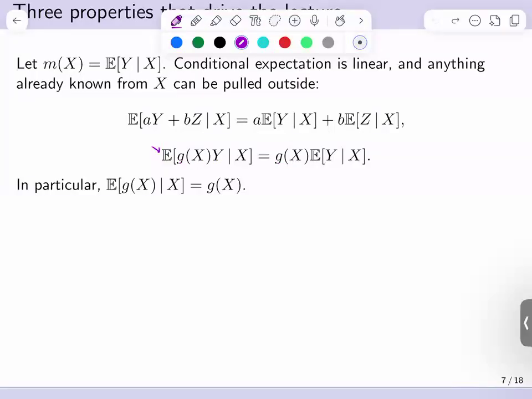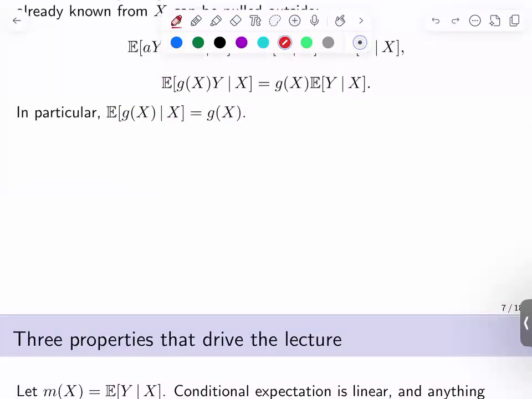Okay. Roughly speaking, a very short proof of this: think of the expectation of g(x)y conditional on x equal to little alpha. I'm going to do it with alpha so that it's very clear.